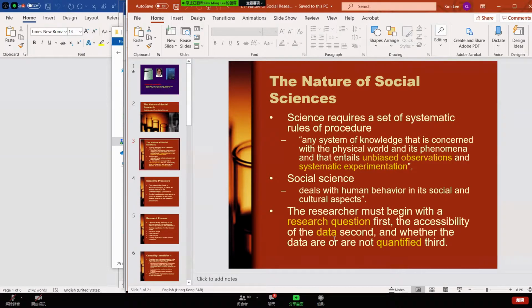So remember, these three questions are very, very important for you. This is at the beginner level. For whatever research, you start off thinking about these three questions. The first one, the research question. The second, what kind of data do I need, and can I get the data? The third, whether the data are in terms of numbers or quantity, that is, quantitative or qualitative research.